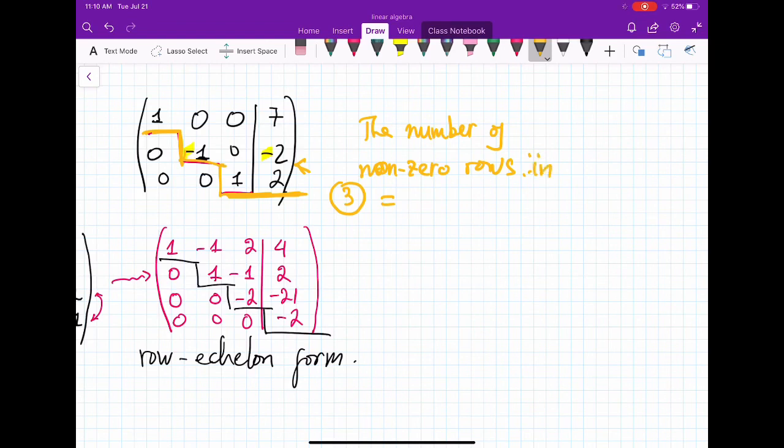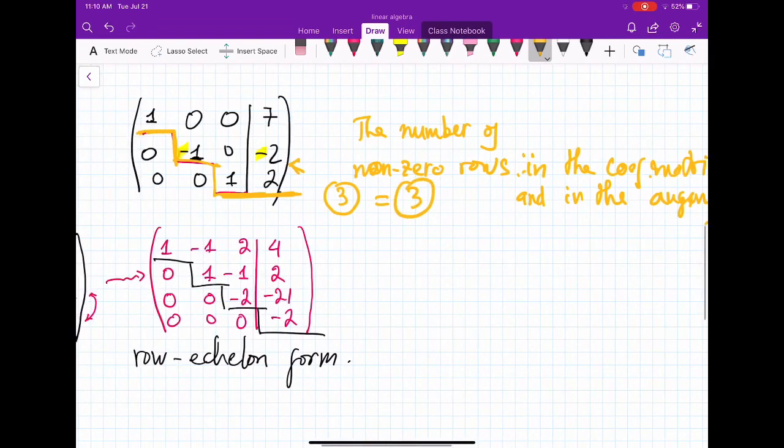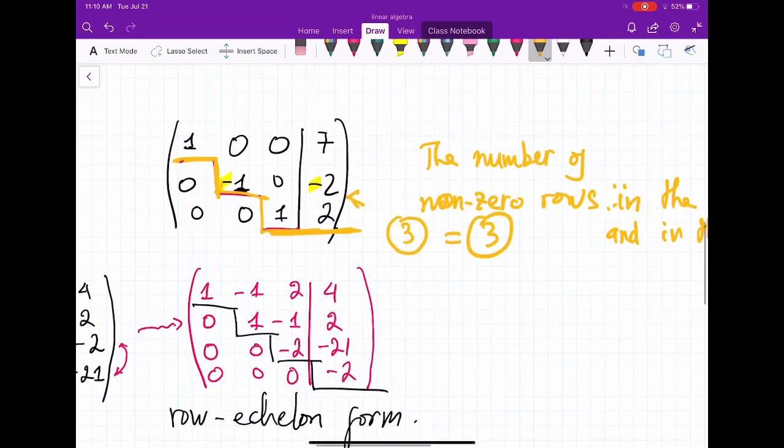I write here in the coefficient matrix and in the augmented matrix. So you have 3 equal to 3. You see that? In the coefficient matrix right here, 3 non-zero rows. And in the augmented matrix, you also have 3 non-zero rows.